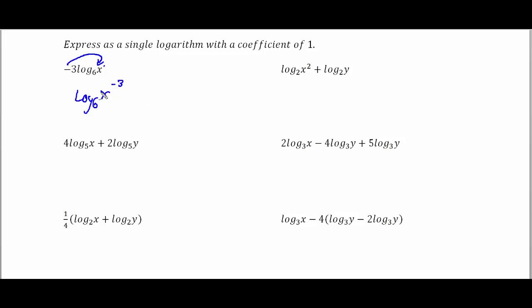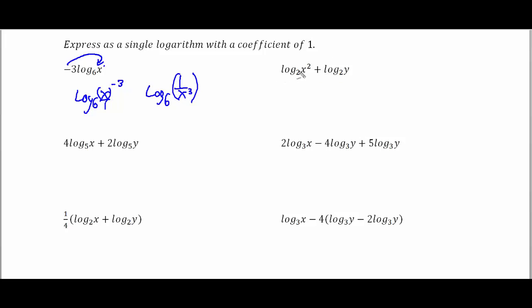Because I don't like negative exponents, I'm going to make this an x over 1 and flip it on its head. So log base 6, and this is going to be 1 over x, and the whole thing is raised to the 3rd power. So 1 cubed is 1, and x cubed, this would be my answer. To slow down and show you what happened, this got flipped on its head, the whole thing was cubed, so that would be 1 cubed and x cubed, which gives you this.